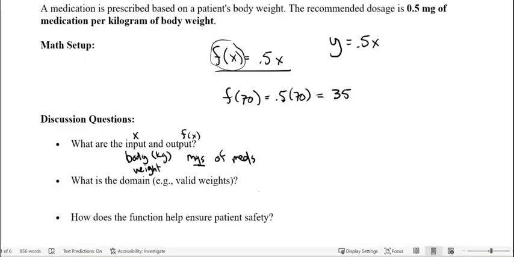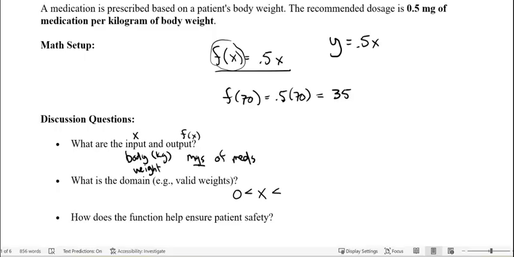So the domain would be, x would have to be, I would say, greater than 0. And then it has to be less than what? Well, we're not really sure here. I mean, a pretty heavy person weighs, let's say, I don't know, 300 pounds, which looks like it's 136 kilograms.